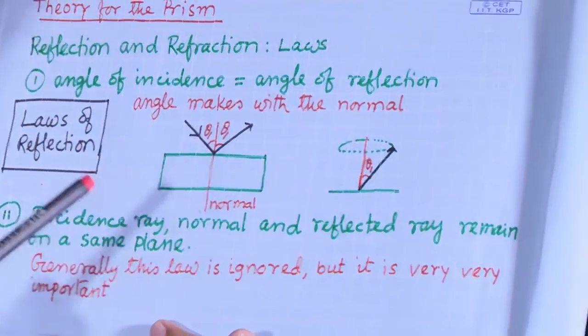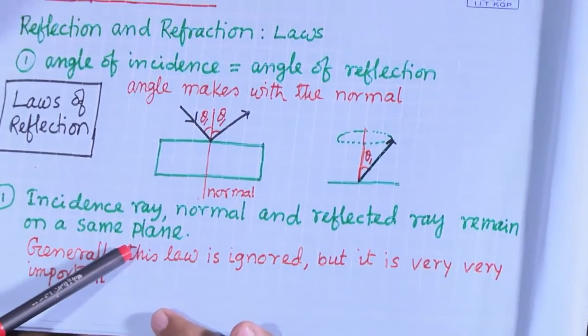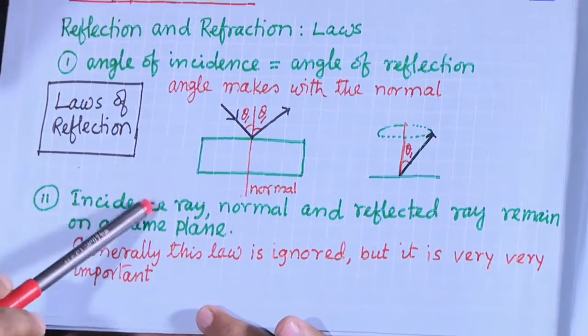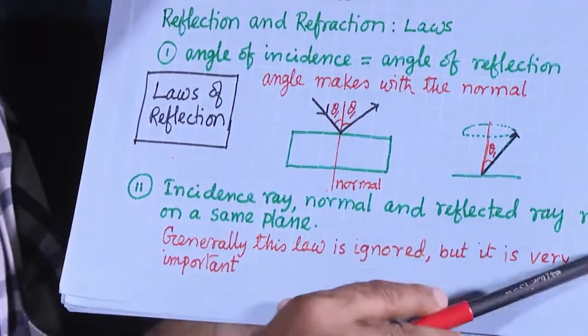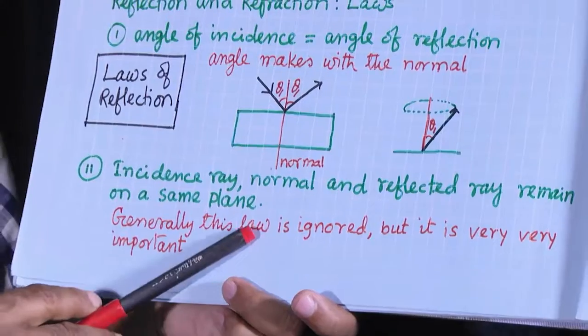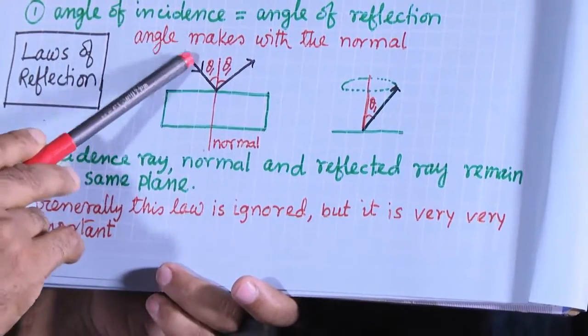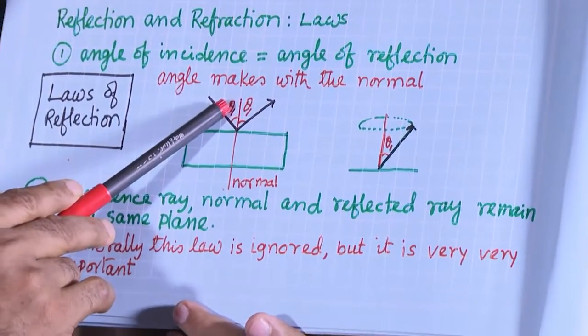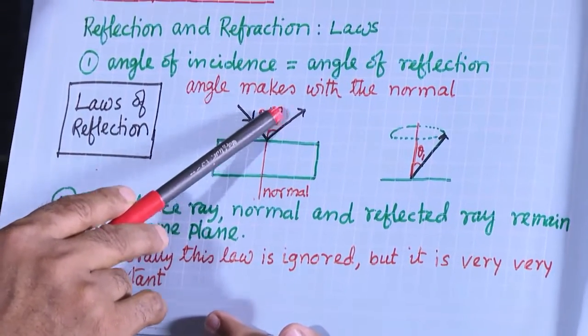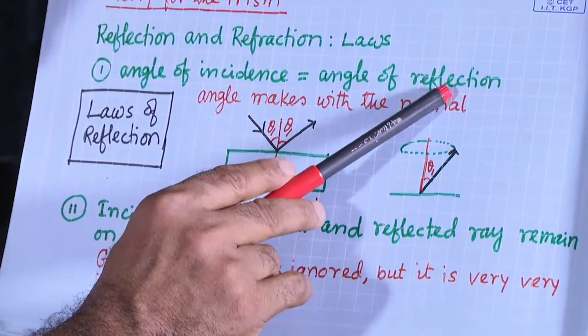The second law is ignored, but it is very important. The incident ray, normal and reflected ray remain on the same plane. This is very important because this is the angle of incidence, this is the angle of reflection.